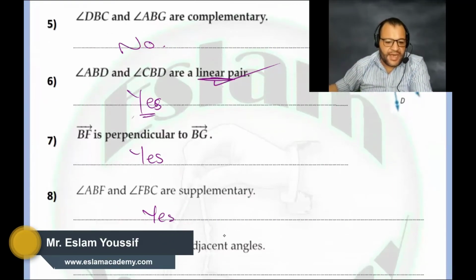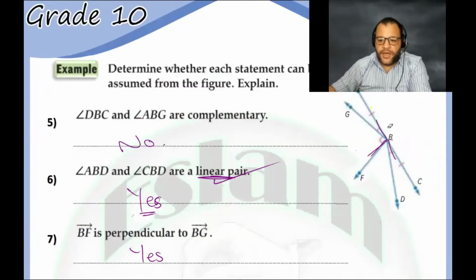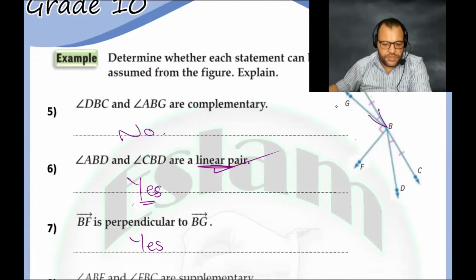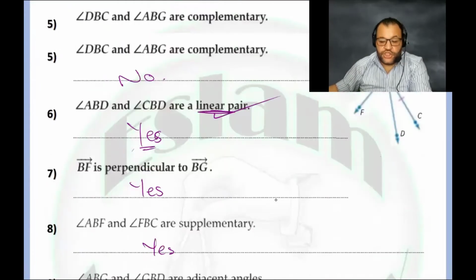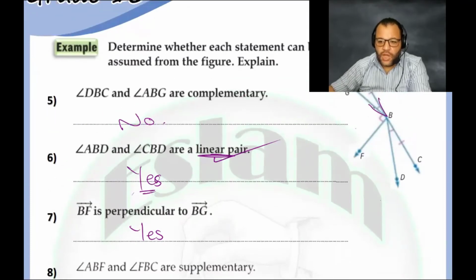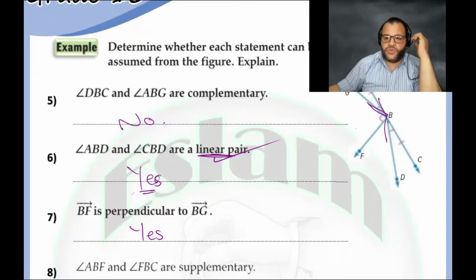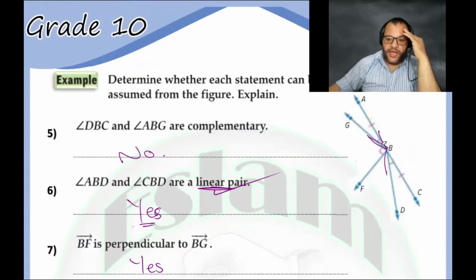Can we say that angle ABG and the other angle, GBD, are adjacent angles?